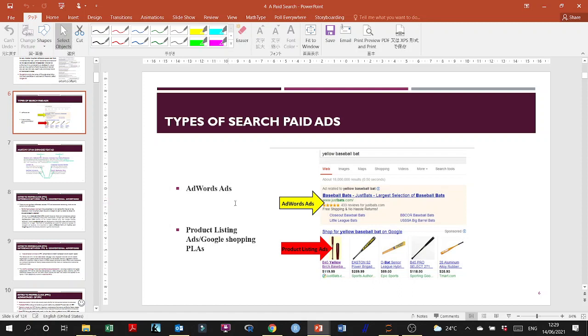There are two different kinds of paid search advertisements. The first is the usual text-based ads, as you can see here, and then there is the product listings kind of ad, the PLAs. These PLAs are set up through Google Shopping, but these are through the Google search.